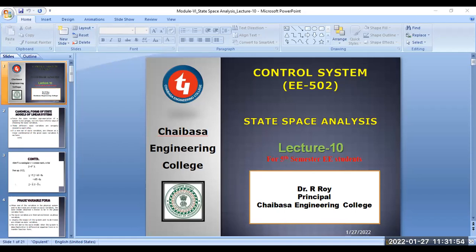Let us say x is the set of state variables, P is some constant factor, and z is the new set, where P is a non-singular n cross n constant matrix. So x equal to P into z, and z will be equal to P inverse into x.